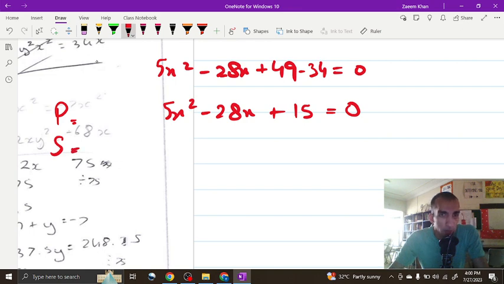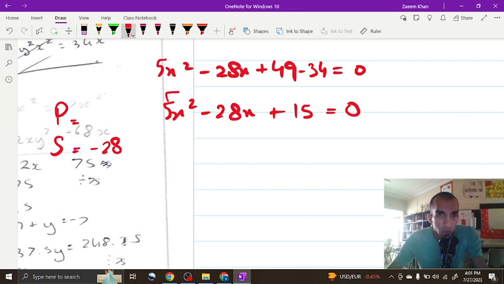When we multiply, what number do we need? What's our target? 15 and minus 28? The sum, when added together, the numbers should equal negative 28, right? But when multiplied, those numbers should equal 15?